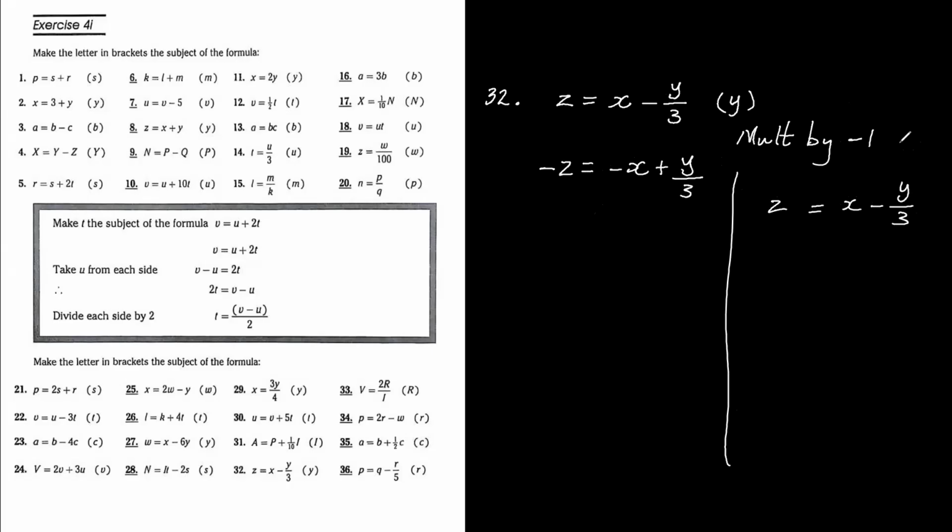You could have taken this part on this side, so it becomes Y over 3 plus Z equals X. So next time, you don't have to multiply by -1. Just take the negative Y over 3. But yes, you could do it. I'm not going to tell you it's wrong.